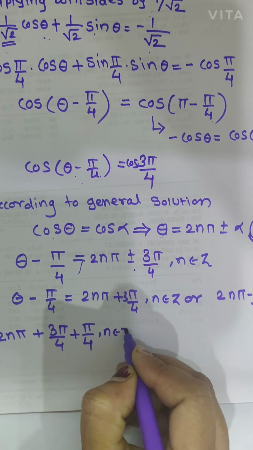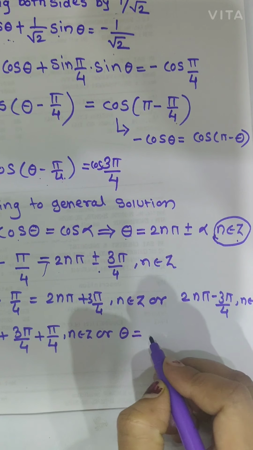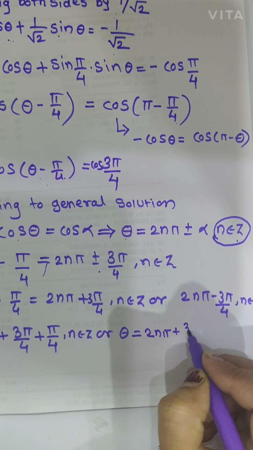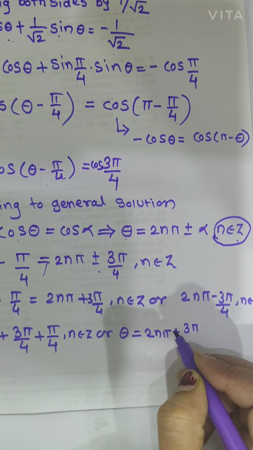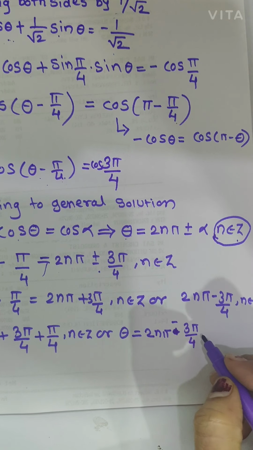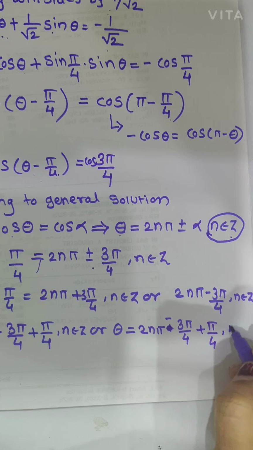n belongs to z, or theta is equal to twice of n pi minus 3 pi by 4 plus pi by 4. The condition is that n belongs to z.